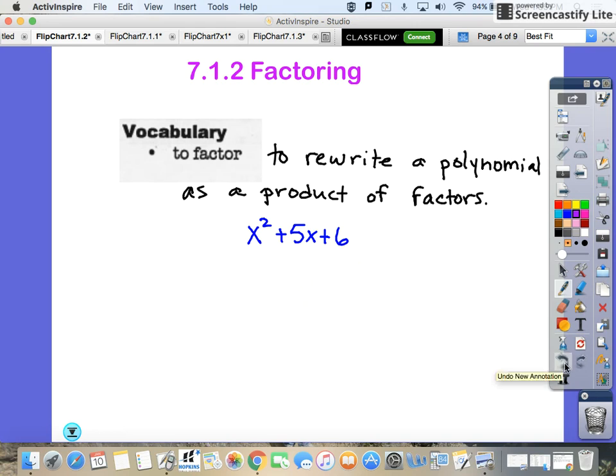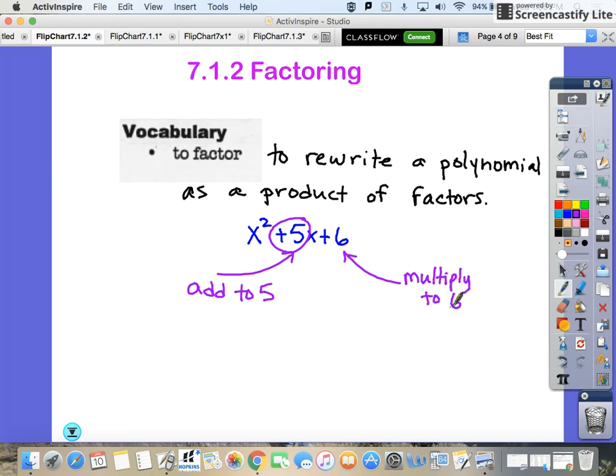Now there's two rules here. There's a short way to think about this. We're basically looking for two numbers that add to 5, but also multiply to 6. Now this is typically where you want to start. You want to start here and think of the multiples and then decide which one would work.